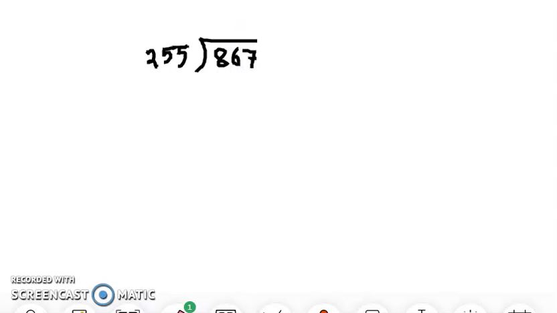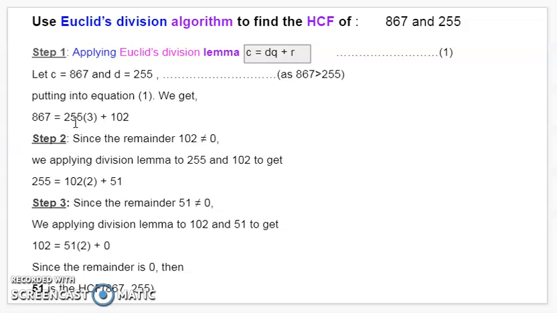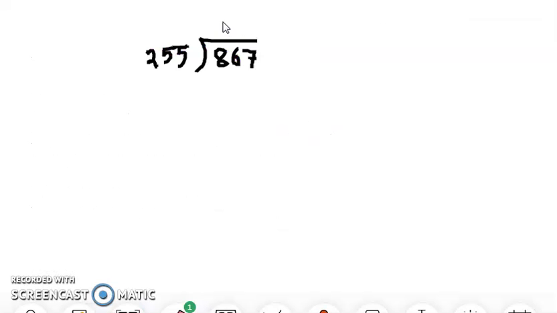So we take 3: 3 fives are 15, 3 twos are 6, so 7. Now we subtract and we get 102 as a remainder.